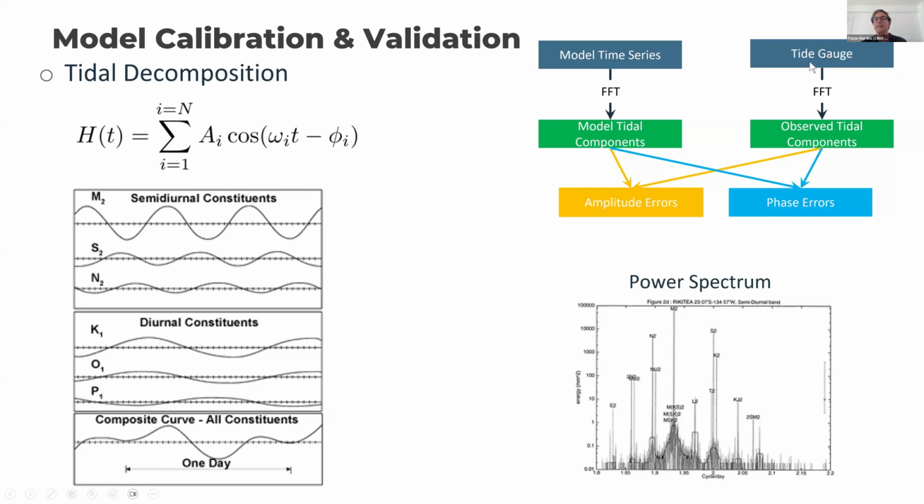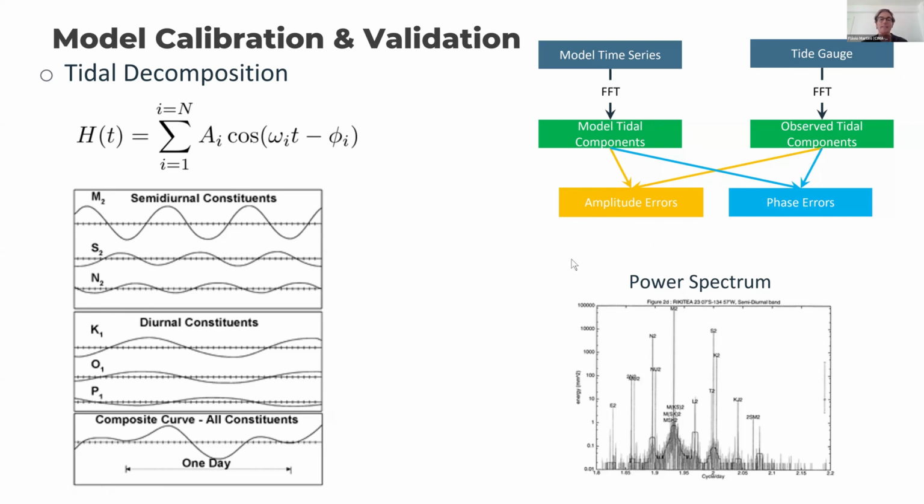So we have measurements from a tide gauge, and we decompose them into components and constituents, and we do the same with the model results. We decompose the model into constituents in the same points, and then we can evaluate amplitude errors and phase errors. So it's another possibility.